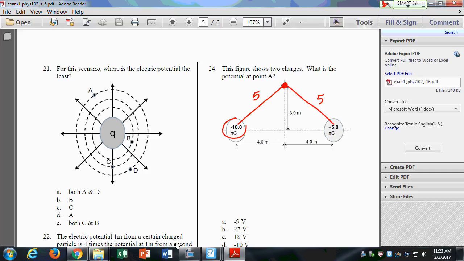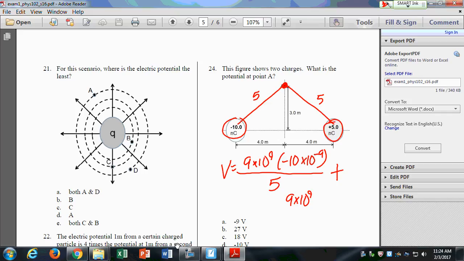I want to find the potential due to this charge, which is 9 times 10 to the 9th, kq over r, negative 10 times 10 to the minus 9, divided by 5, plus 9 times 10 to the 9th, times this charge, which is 5 times 10 to the minus 9, divided by 5. And then I cancel out, which makes your calculations a lot easier.